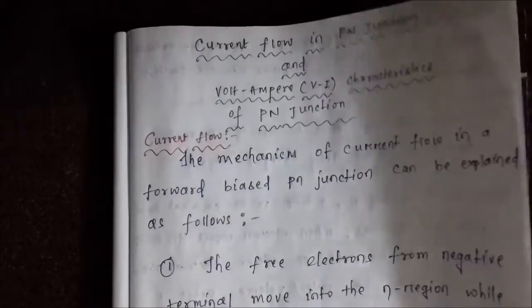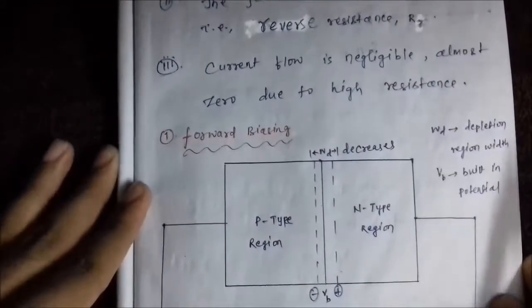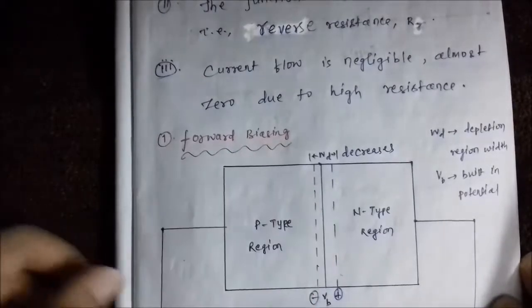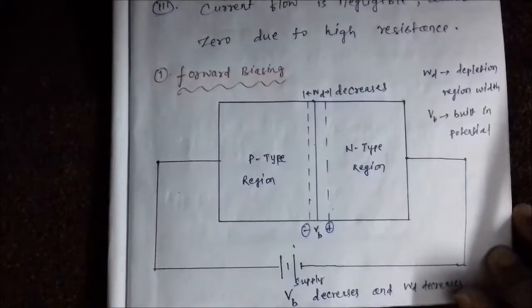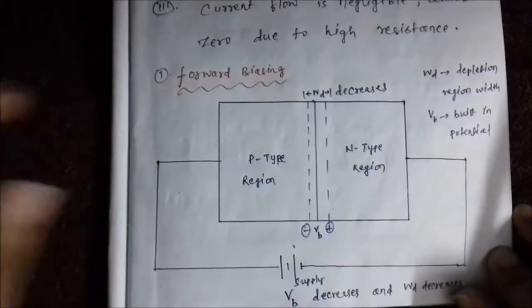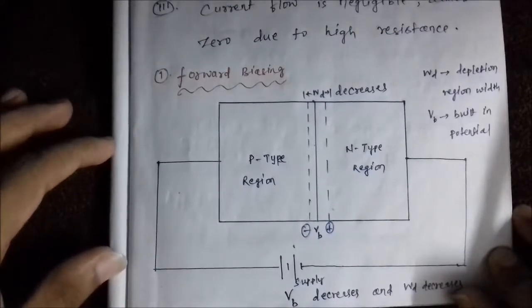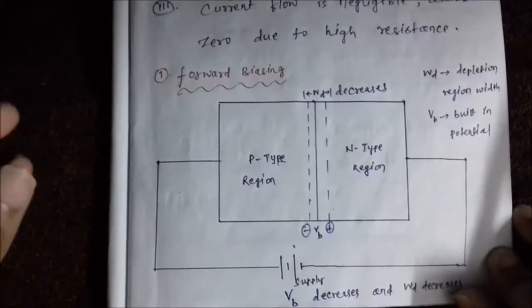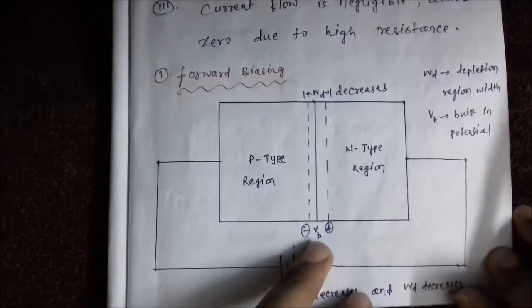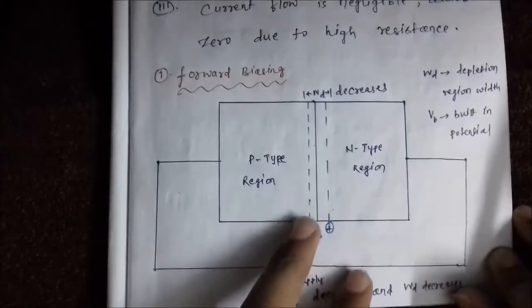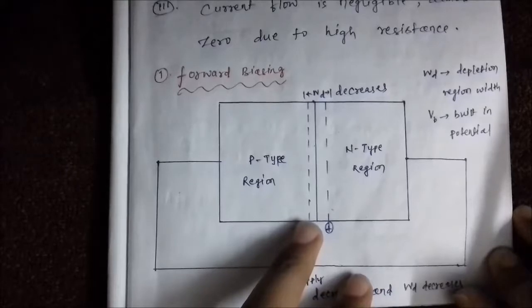Now let me show you the figure of a forward bias PN junction device from my earlier notes. So here it is, the forward bias mode. As I explained to you earlier, a PN junction is said to be forward biased if the applied voltage tries to reduce the potential barrier voltage, as a result of which the depletion region thickness decreases.